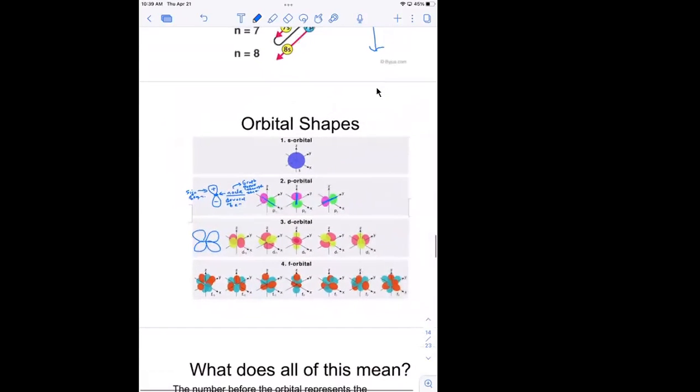You don't really encounter d orbitals until you get to your transition metals and some of your metalloids. Silicon has d orbitals, if I'm not mistaken. Phosphorus has some d orbitals. So it just depends on what atoms you're dealing with. But all of your transition metals, you're going to encounter some d orbitals, and that's actually how they do their chemistry.